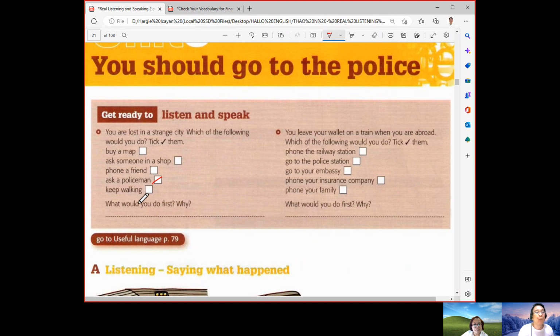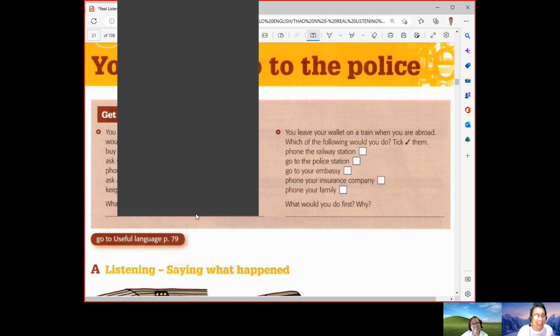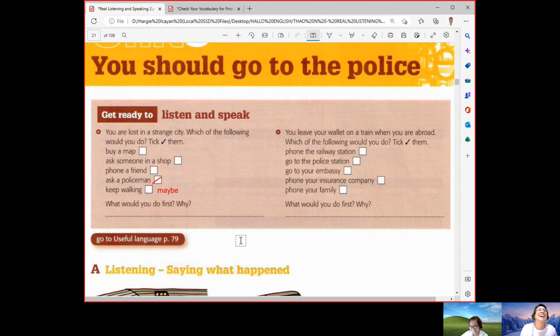Keep walking if you are lost. Maybe. So your answer in here is maybe. So you are just going to keep on walking. What happened to you if you are just going to keep on walking? Your answer is maybe, so we will not check that one.